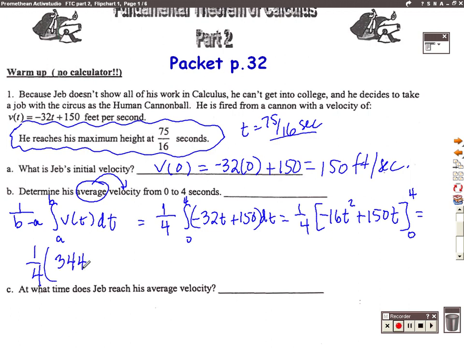I'm not showing the calculations. You can do the calculations by hand. And 344 divided by 4 is 86 feet per second. That is his average velocity over that time interval. Obviously, he was going faster to begin with and slower at the end, and so this is his average.